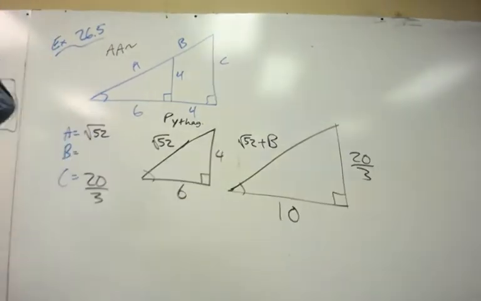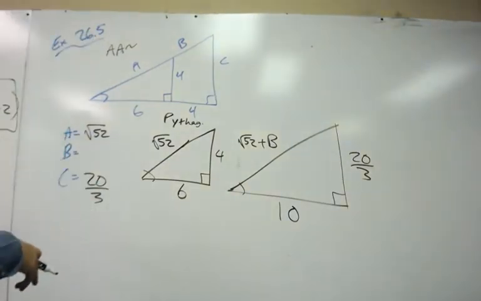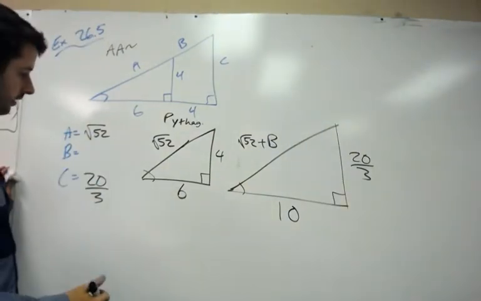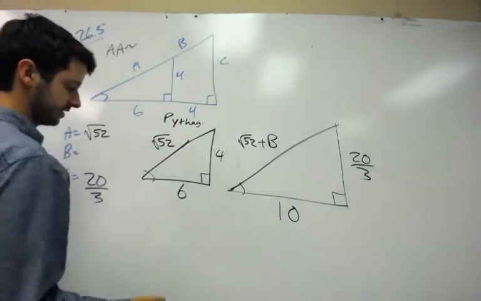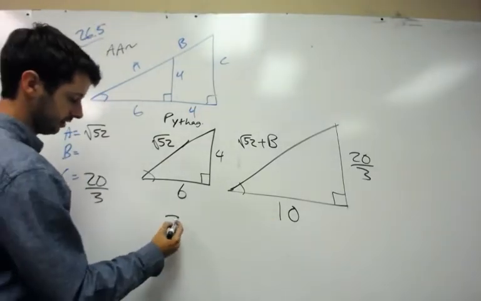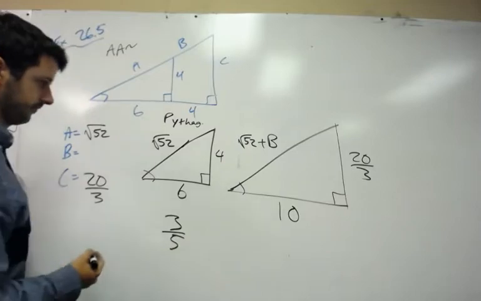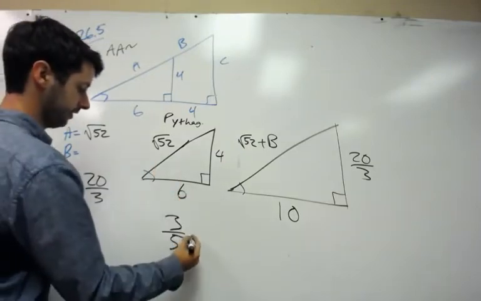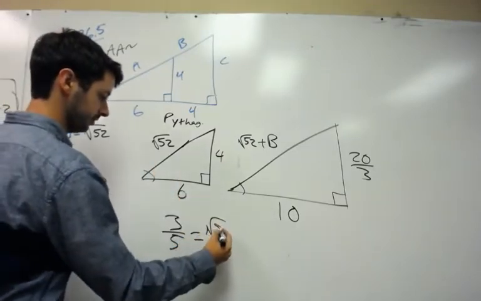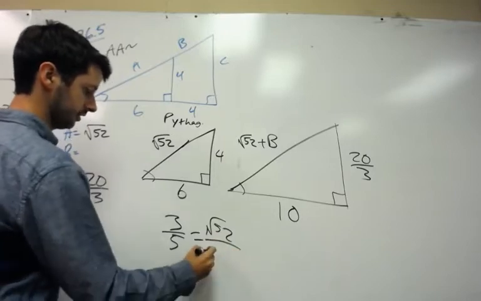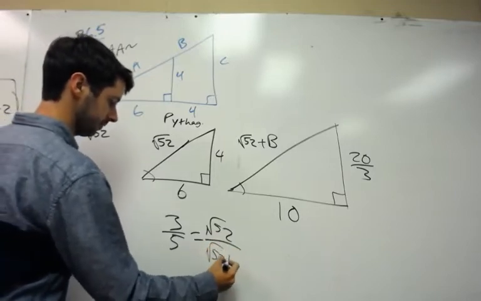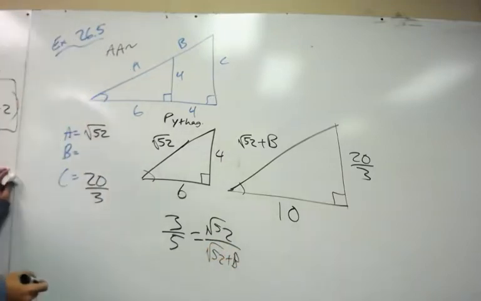Now we got to solve for B. B is going to be nice and fun. Let's stick with our ratio we had, 6 over 10. We reduced that to 3 over 5. And now we got 3 over 5 equals square root of 52 over square root of 52 plus B. So we're finding that last hypotenuse.